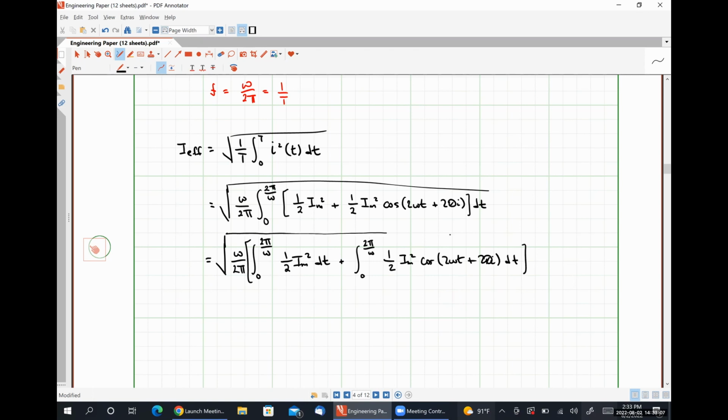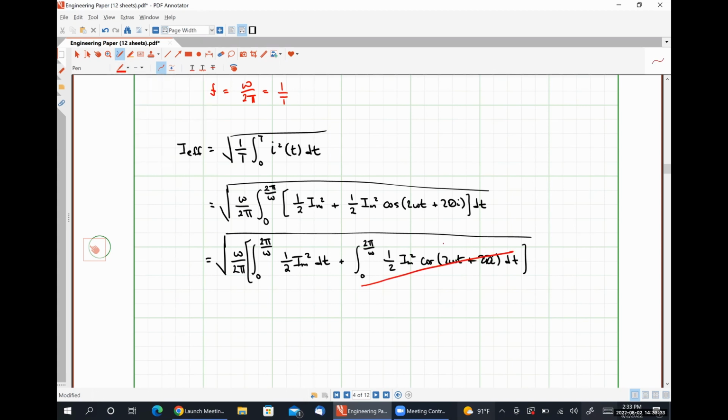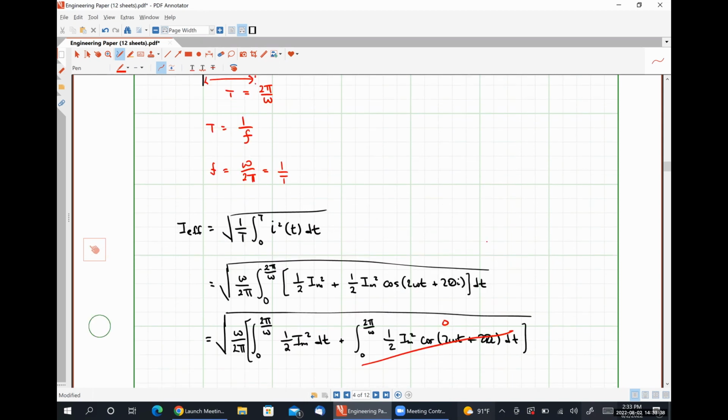Taking the square root of this whole thing. And so when I'm integrating my cosine twice omega t portion, the limits of my integration are telling me that I'm integrating over exactly 2 periods. As we discussed yesterday, when I take the integral of a sinusoid over any integer number of periods, the result is 0.